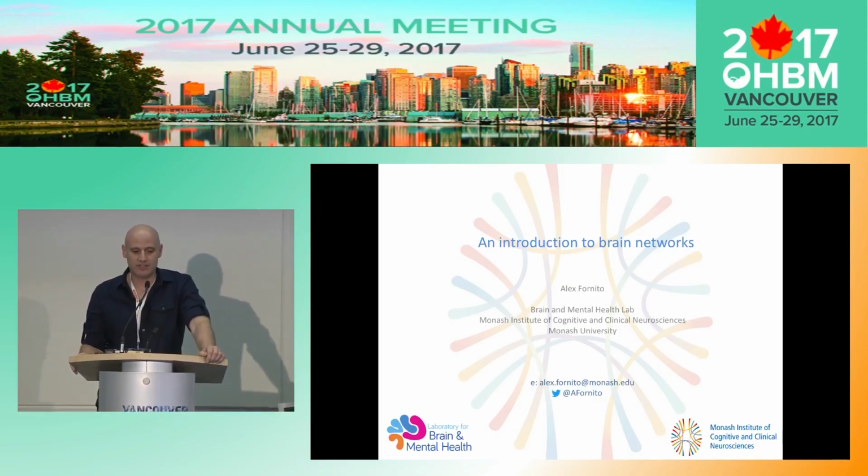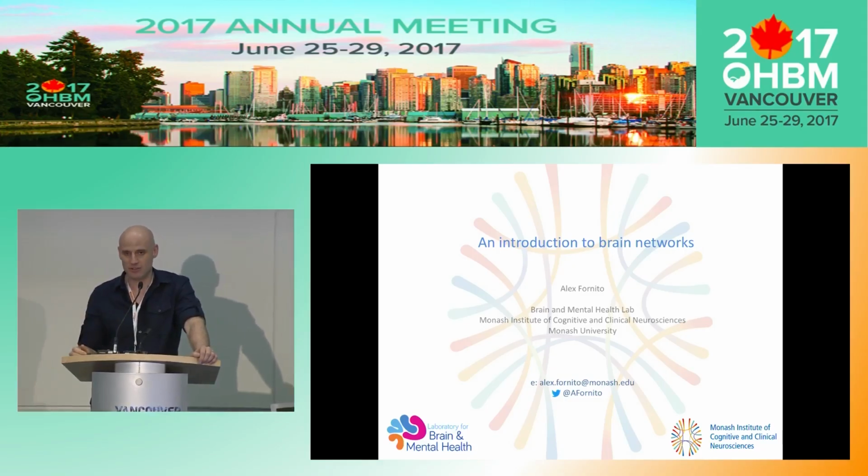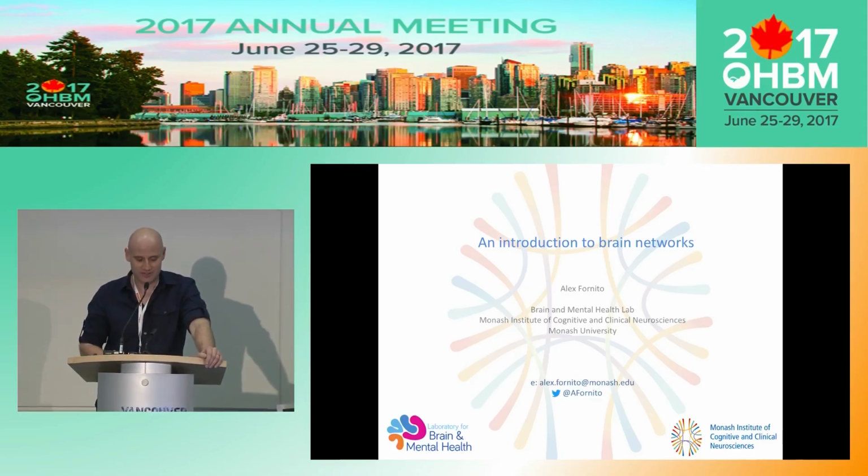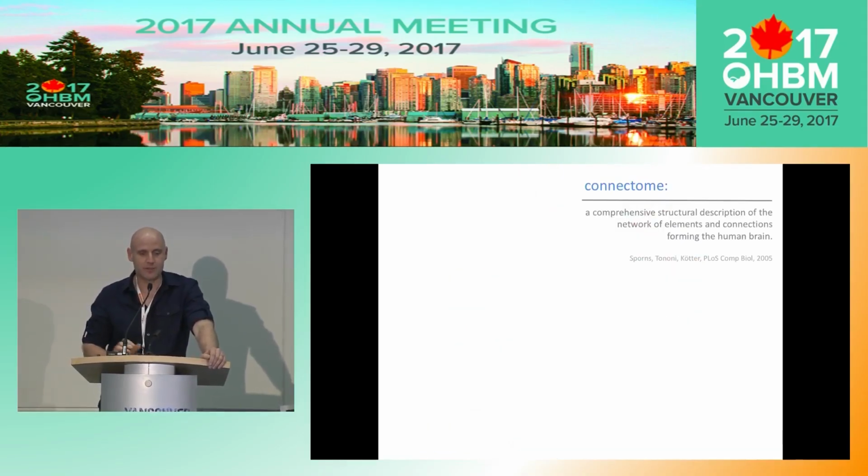So I guess as a starting point, you might ask, well, why would I want to think about the brain as a network, and why would I want to use a graph of all things to model the brain? In case you've been living under a rock over the last 10 years, you've probably realised that neuroscientists have become increasingly concerned with mapping connectomes.